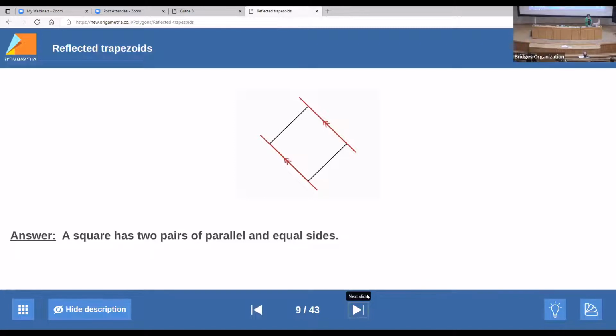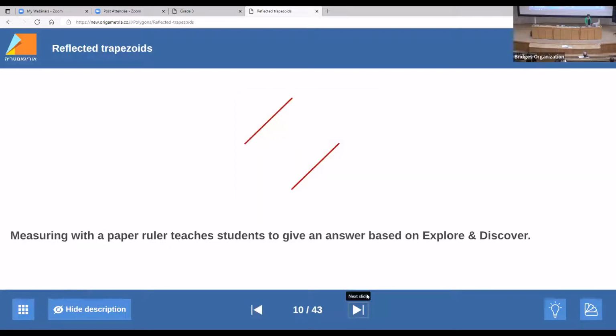If you show them a square, all the children say it's parallel. Show them a rhombus, they say it's not parallel, yeah? It doesn't look like. So we teach them to take the measuring tool and make a perpendicular line between the two sides. And then you know the distance between the two parallel sides is equal.